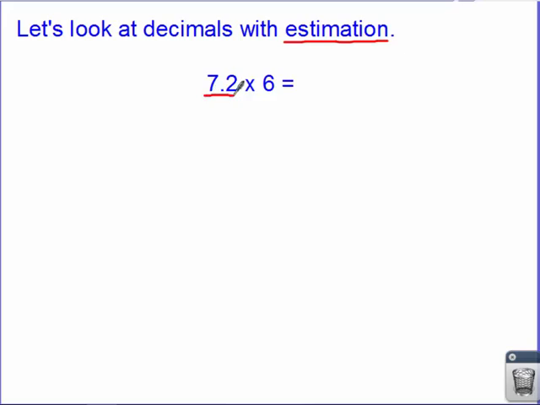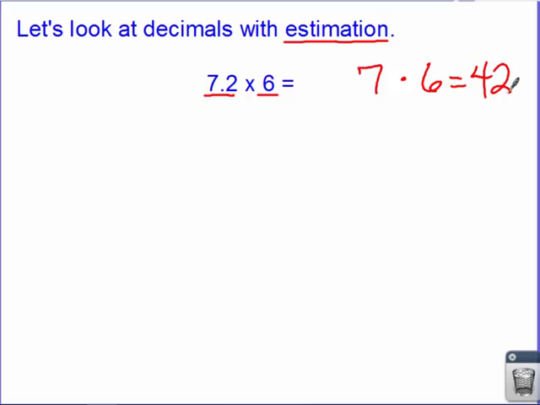So this 7.2 is right at 7. If we round it to the nearest whole number, it's going to go to 7. The 6 is already a whole number, so we'll leave that as 6. If we were to multiply these two numbers together, we would get 42. So that tells us that our overall answer needs to be around 42.